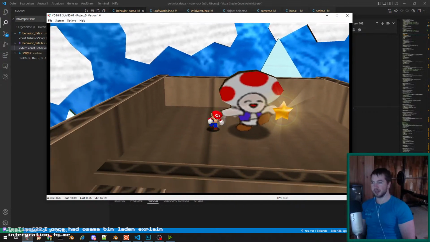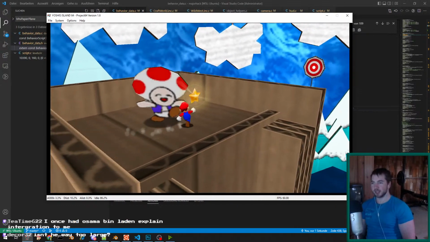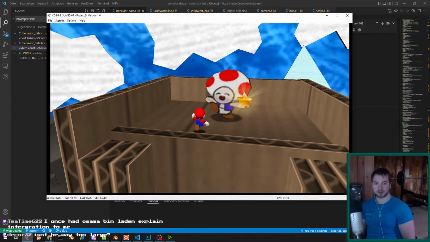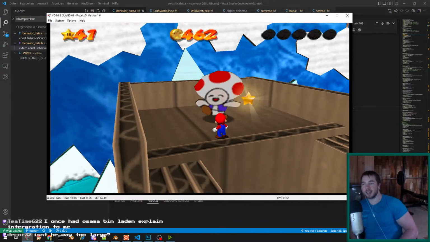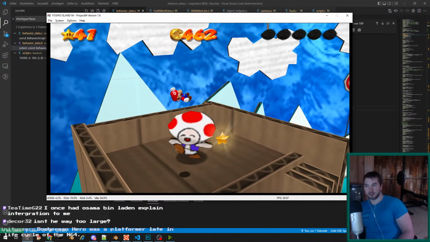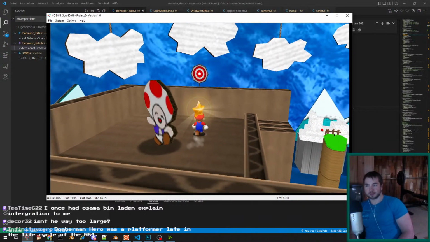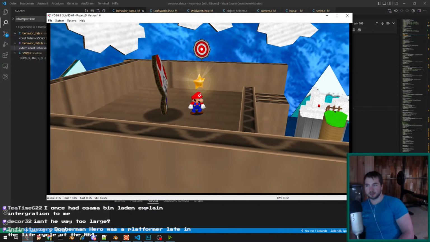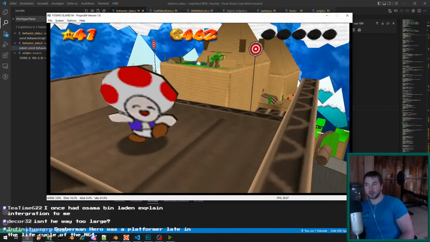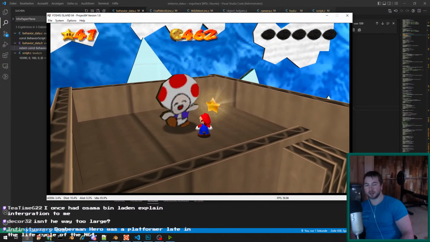Dude, the Toad is so happy. I like this. I'm gonna make him a little more animated. Isn't he way too large? I like that he's so large. I think it's fitting. Actually, I'll leave the animations to Xena, but I think there should be an animation for when he gives you the star.